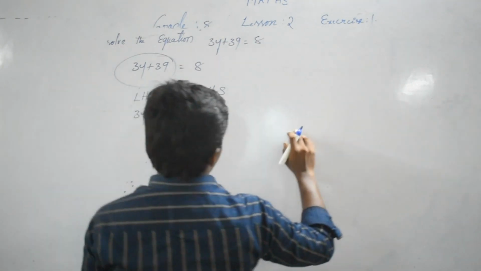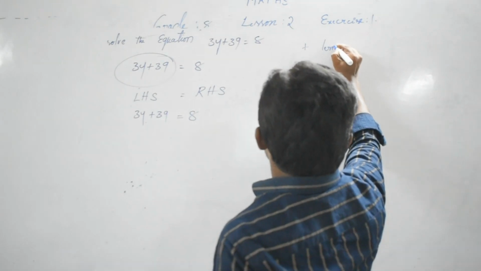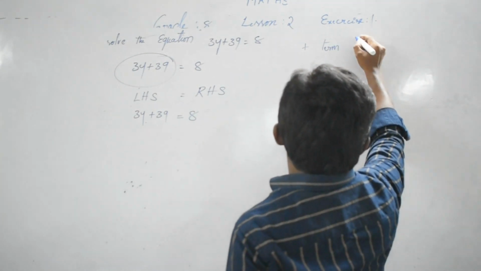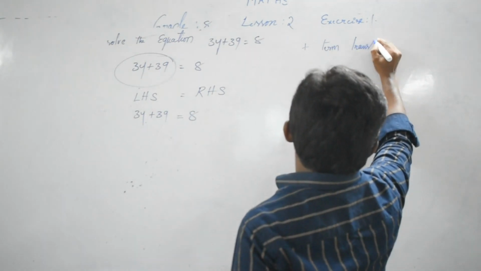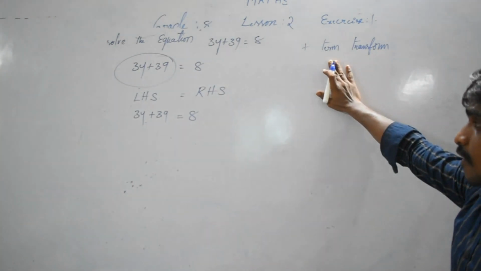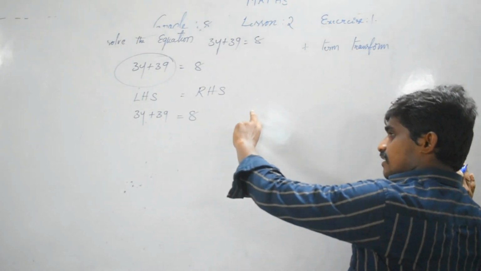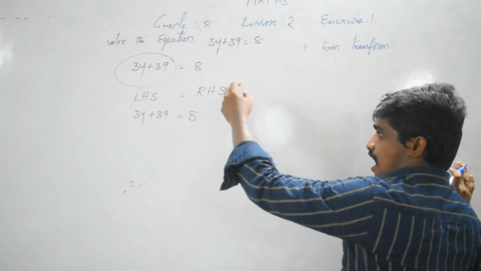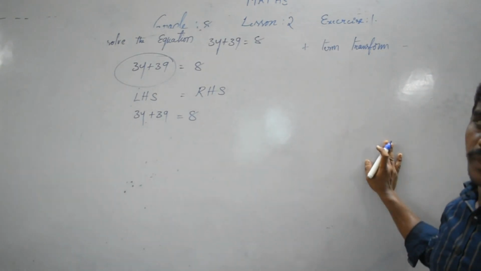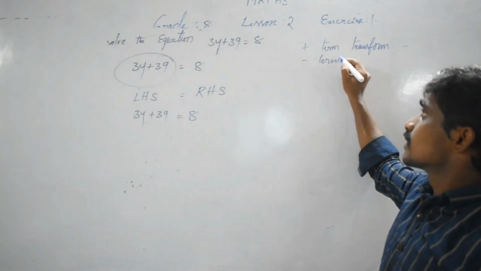So here see, a plus term transforms to the RHS. So RHS terms go to LHS, LHS terms go to RHS, either side. Then a minus sign comes, a minus term.